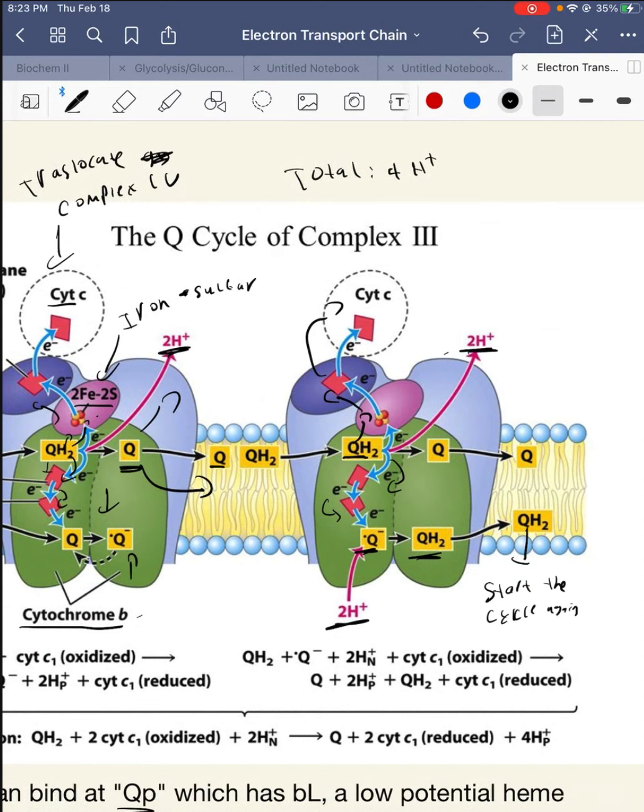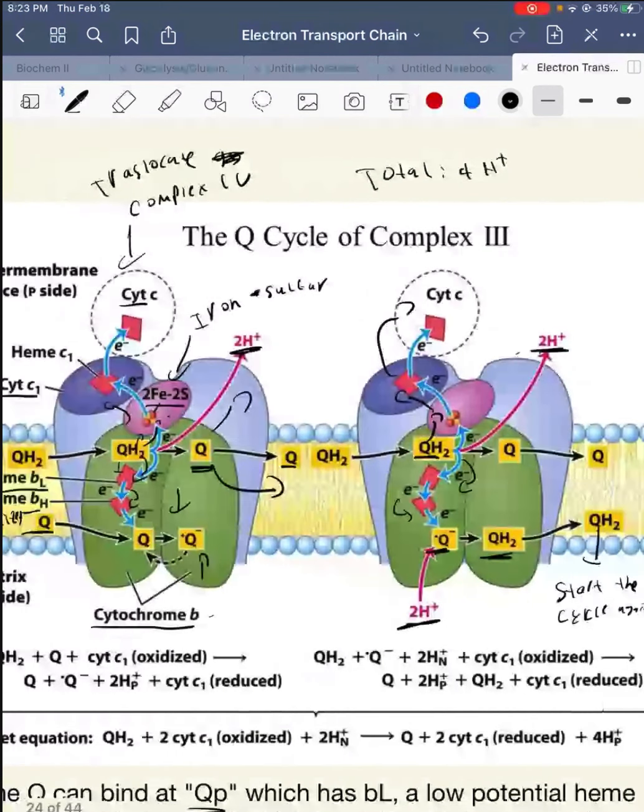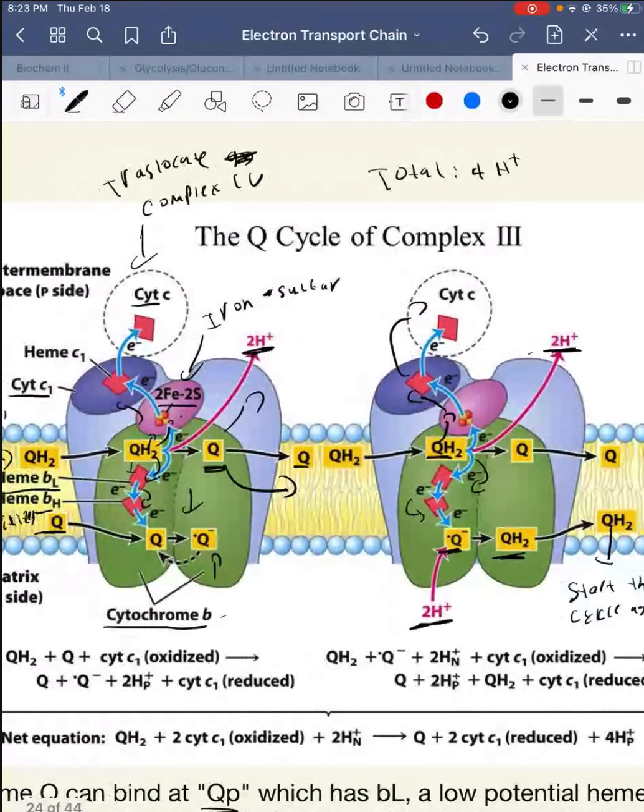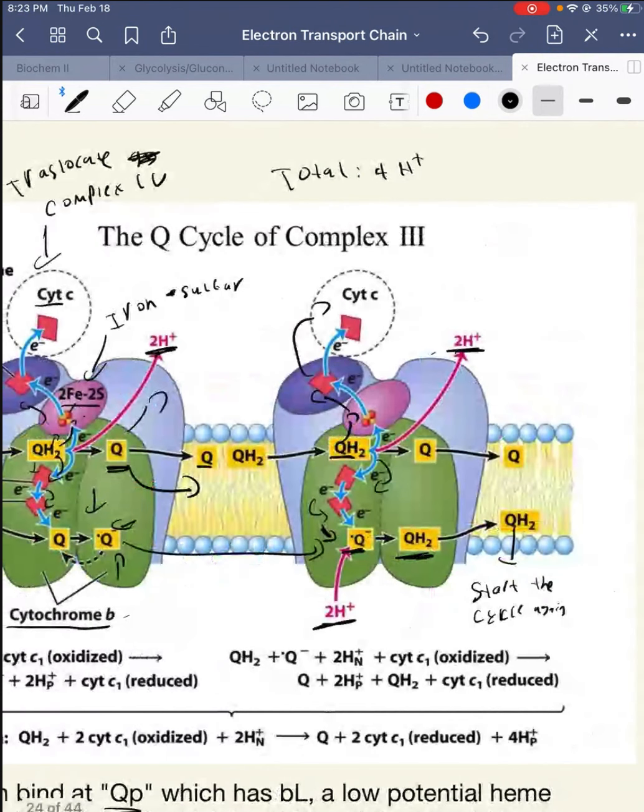Okay, so another way to think about this semi-quinone that we left. This semi-quinone can also grab an electron here. This is the same thing as that, so let's think about it like that. The semi-quinone can grab the remaining electron downward, and then it becomes the reduced coenzyme Q, which can start the reaction again.